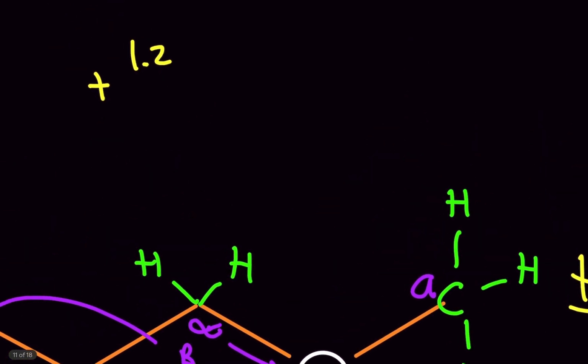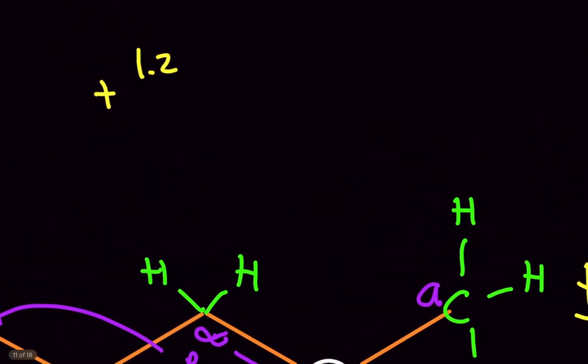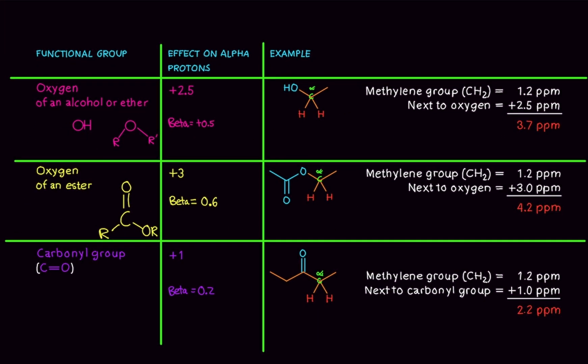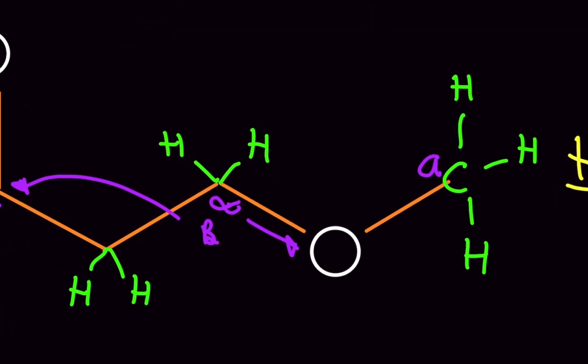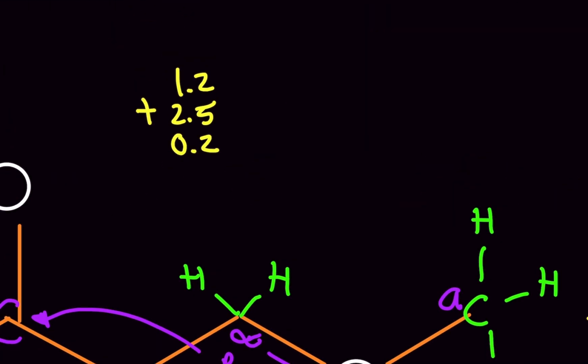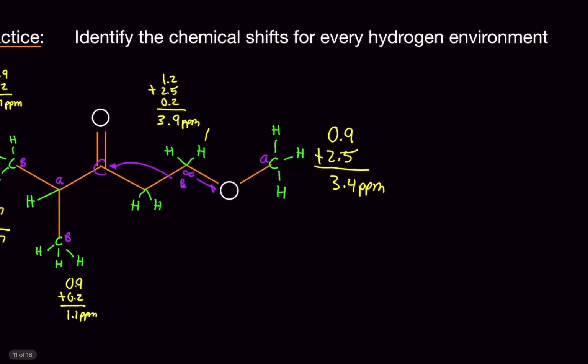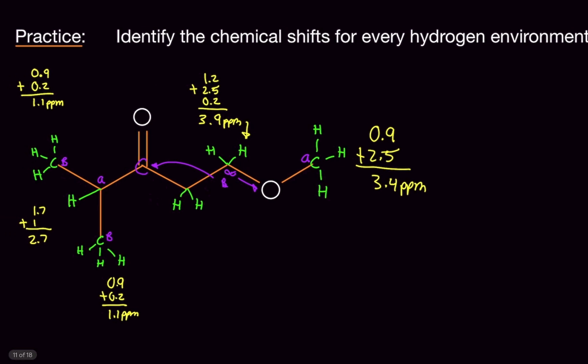Now we're alpha to the oxygen, the ether group, so that's 2.5. And now we are beta to a carbonyl, at 0.2. That gives 3.9 ppm. Okay, so that would be for this.